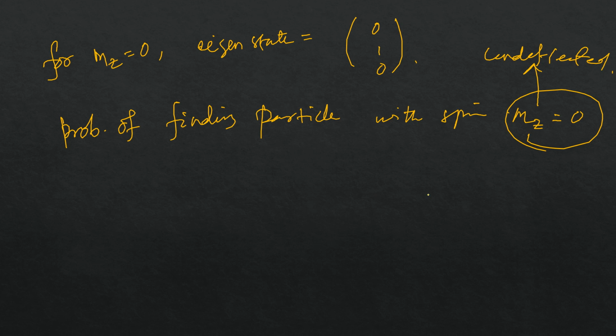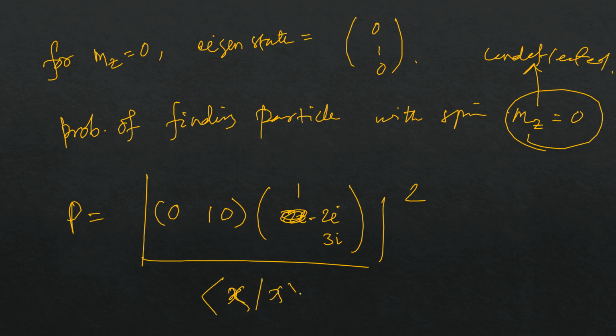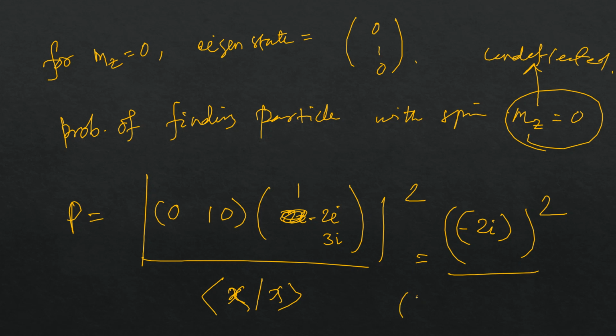Okay. So the probability will be P is equal to the modulus squared of (0, 1, 0) times (1, minus 2i, 3i), which is given, divided by chi with chi. So if you see, this is 1 into minus 2, that is minus 2i, whole square, divided by chi and chi, that means row into column vector.